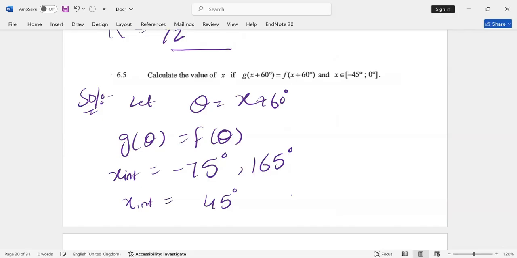So the turning point P, where f of x equals g of x equals 1.